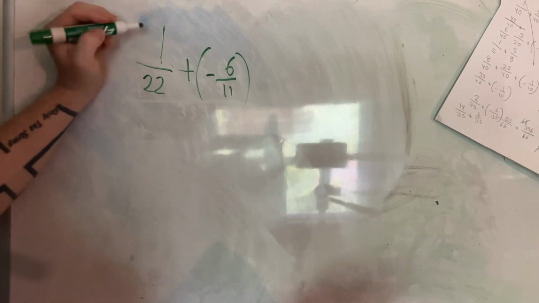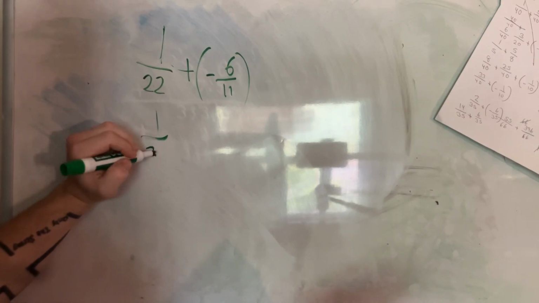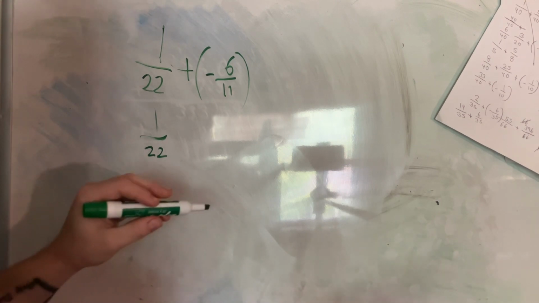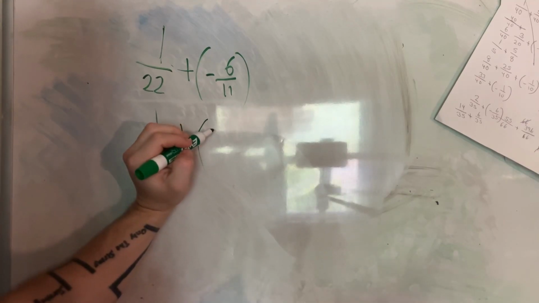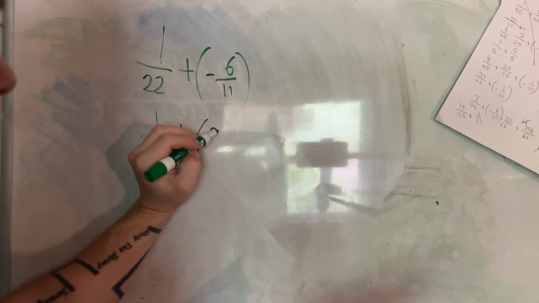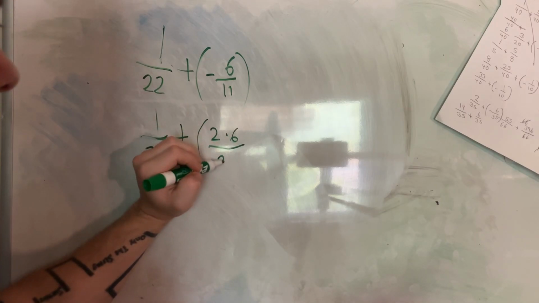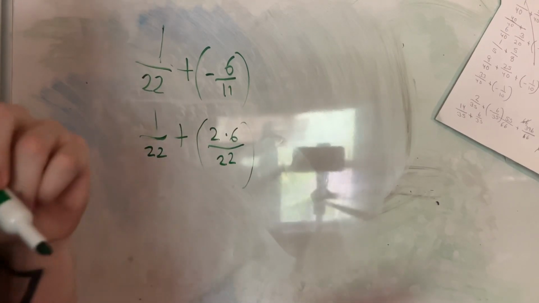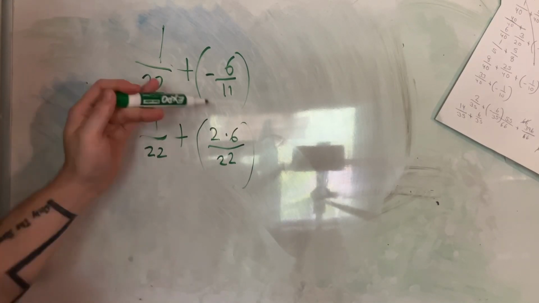So now we need to rewrite these fractions so they have a common denominator. This one we don't have to do anything to because it's already 1 over 22, so we can just write that one again as 1 over 22. And then we can write this one as negative 2 times 6 over 22, because that's how many times it takes us to get to 22 from 11.